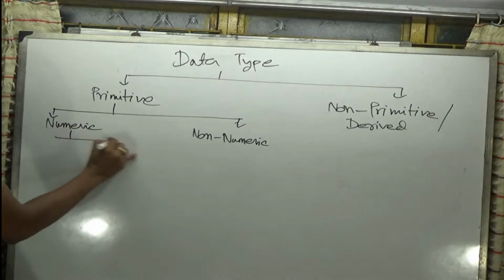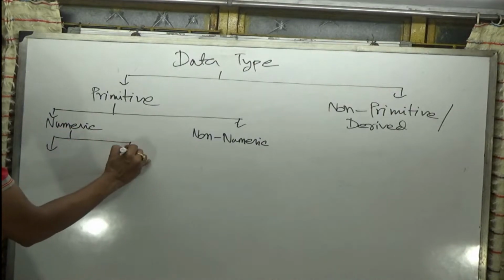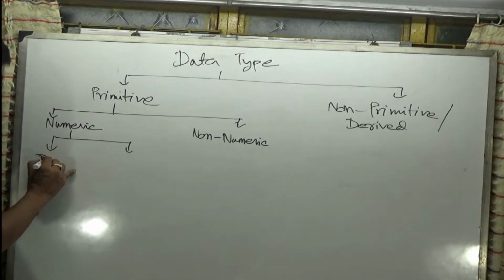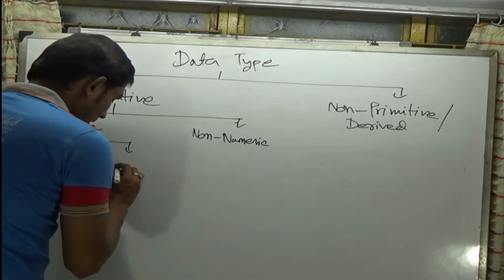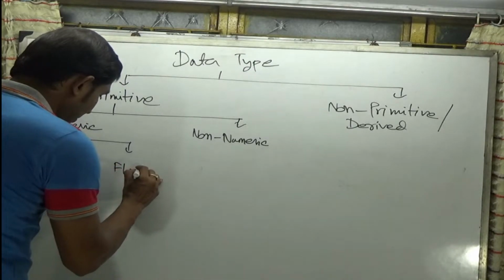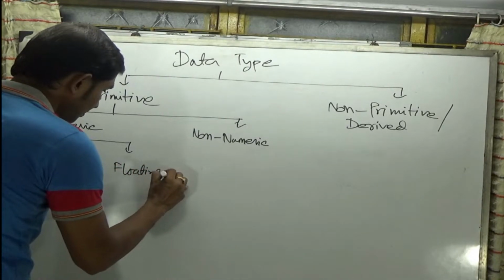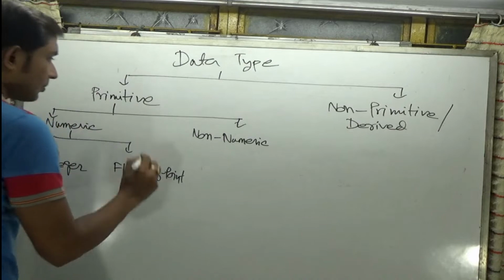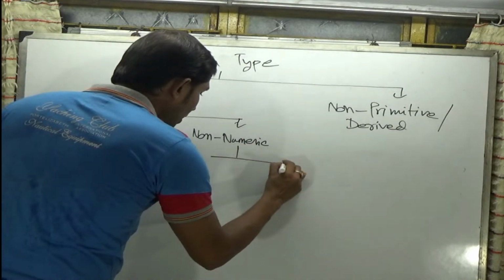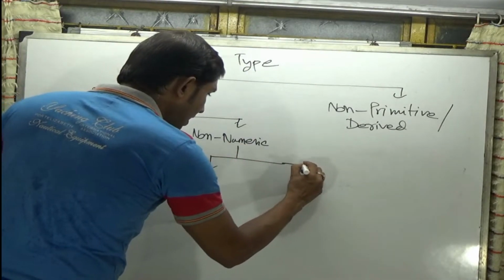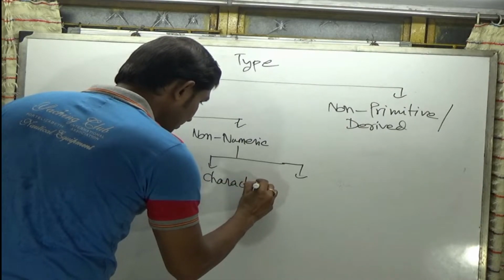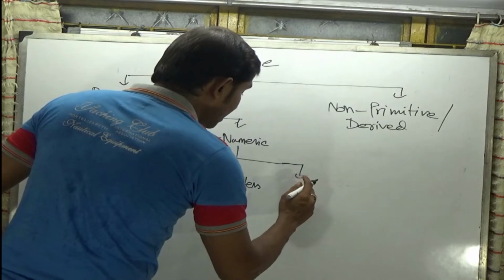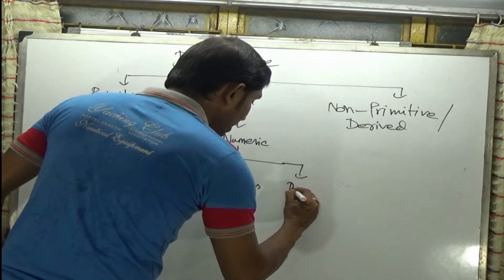In numeric, it is again categorized into two types, and they are integer type and floating point type. In non-numeric, they are categorized into two types, and they are characters and another one is boolean.